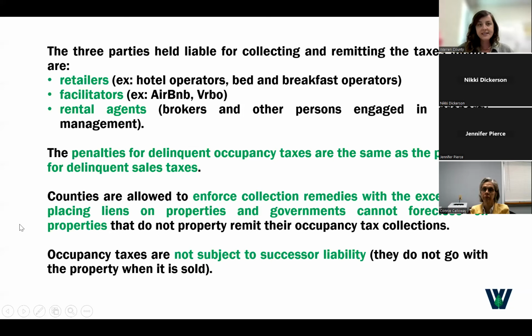So the state statutes say that retailers, facilitators, and rental agents are held liable for remitting the taxes. So if you operated a bed and breakfast and folks walk in the door, they book the room through you, they pay you, you are a bed and breakfast operator, you are a retailer.